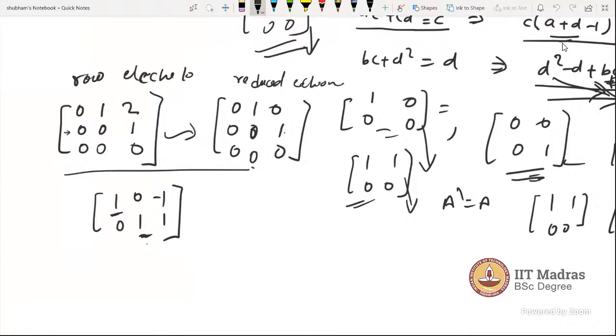Arbitrary column is just whatever you have to find out; take it as A and B, any arbitrary numbers. Now do the row operations and see what conditions come for A and B. Okay, got it. Thank you.